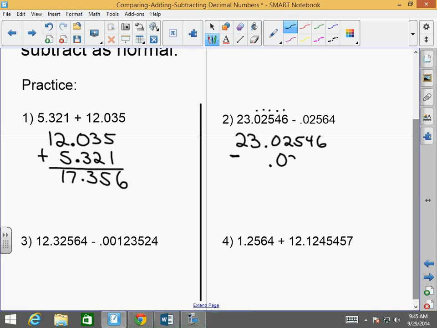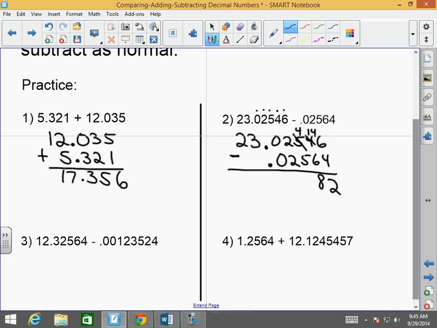So 0.0254. Please remember to line up the decimals. If you don't line up the decimals, you're going to get them wrong. So 6 minus 4 is 2. I cannot take 6 from 4, so I must borrow from that 5, making that a 4, making this a 14. 14 minus 6 is 8.